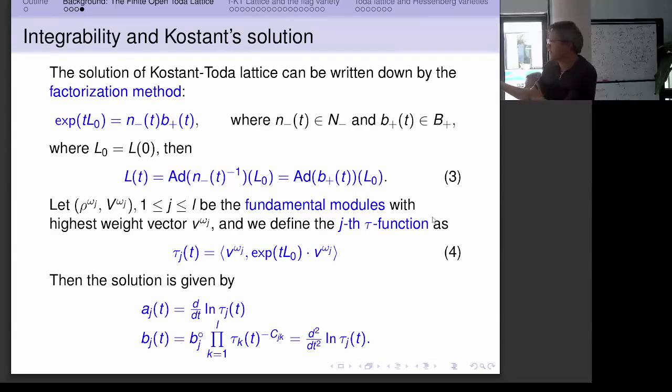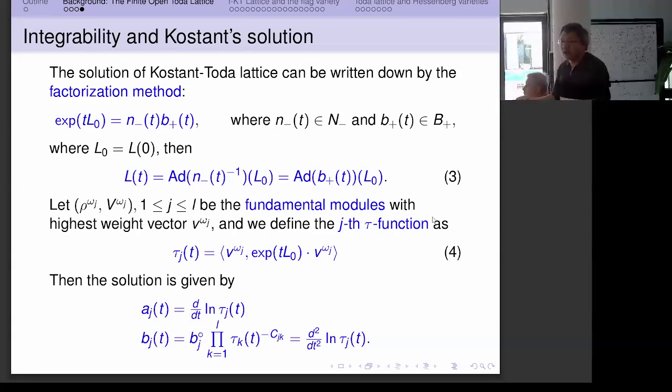We have a highest weight vector in this representation, v omega J. Then you use this group element, exponential t L naught, to act on v omega J. On this capital V omega J you can have a Hermitian metric, and then you pair that with v omega J.